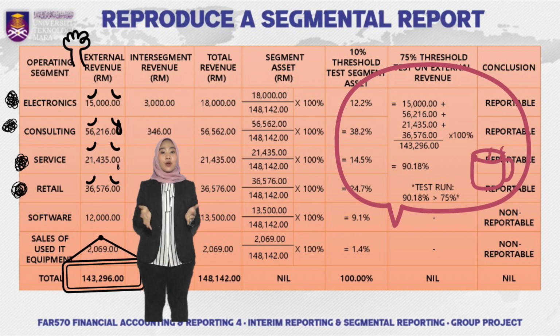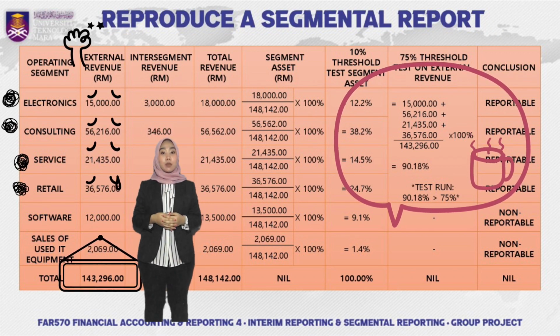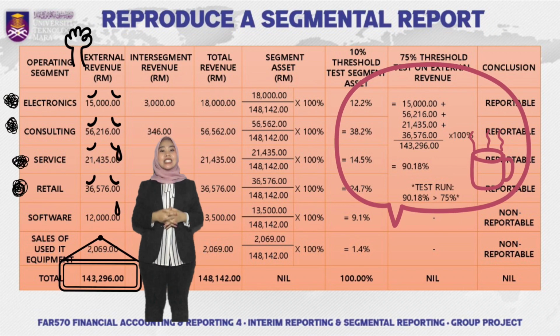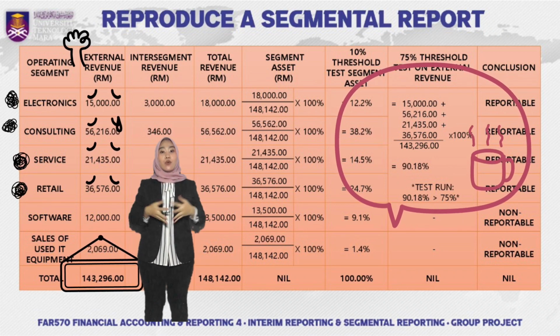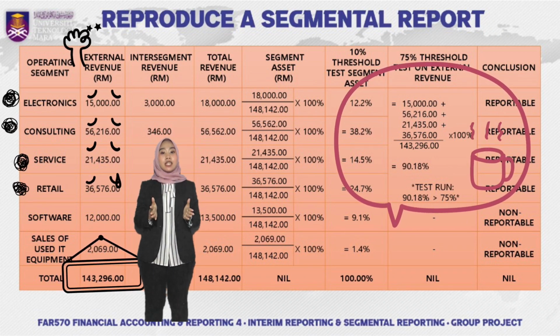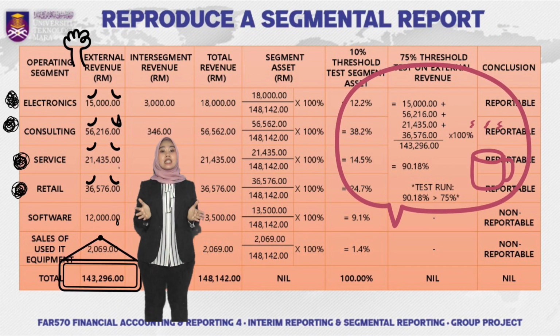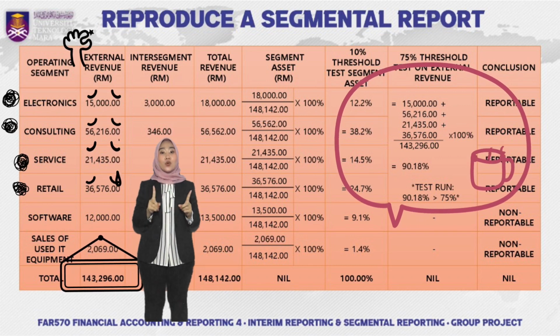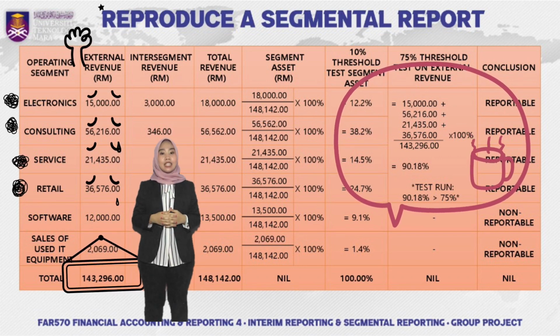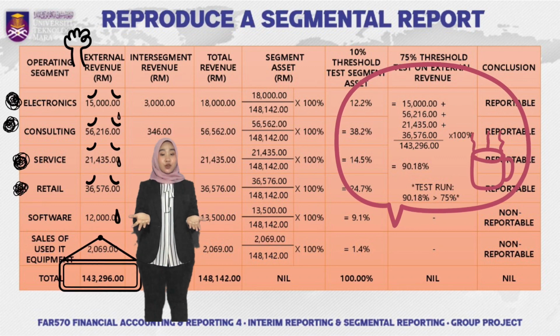The percentage from the test is 90.18%, which is more than 75%. So, we can conclude that the reportable segments meet the 75% revenue criteria. This also indicates that there is no need to add any additional operating segment to satisfy the criteria.